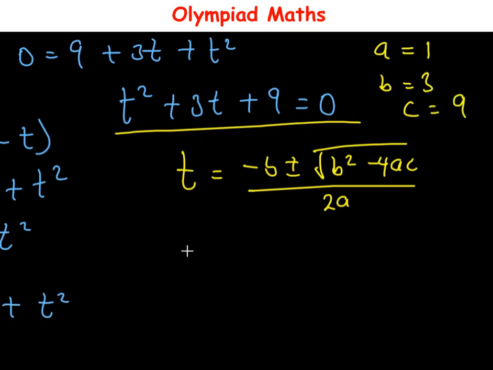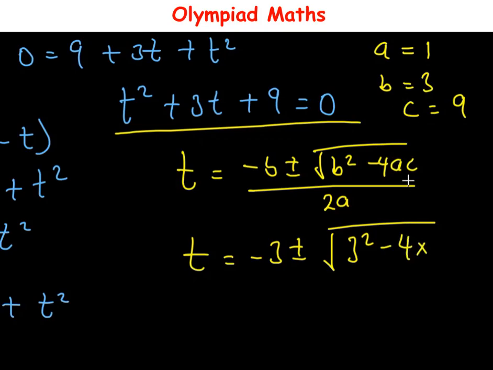So with this, t is then equal to minus b, b is 3, plus or minus square root of b squared. B is 3, so 3 squared minus 4 times a is 1 times c is 9 all over 2 times a is 1.